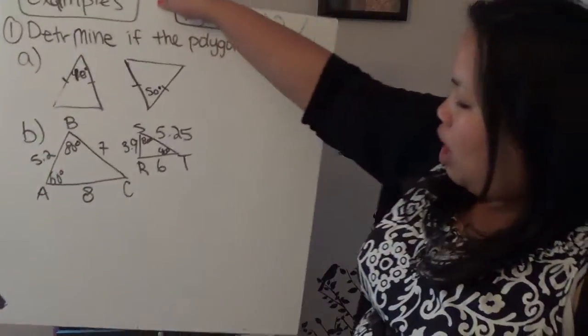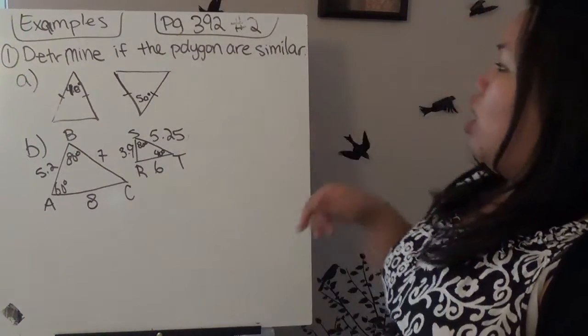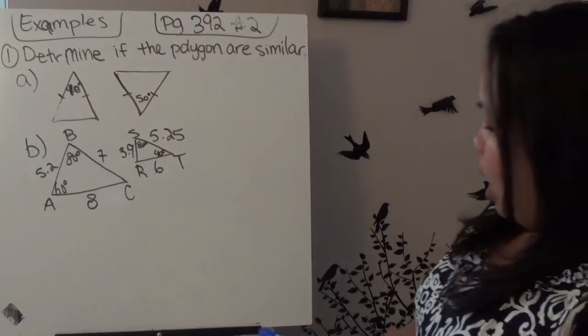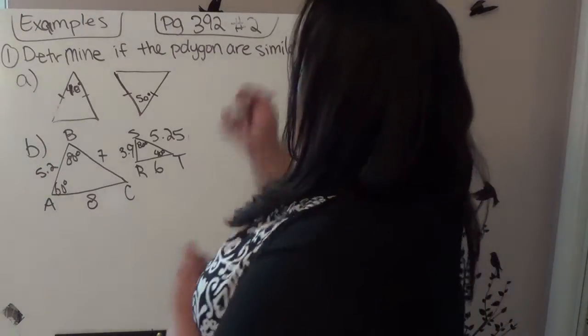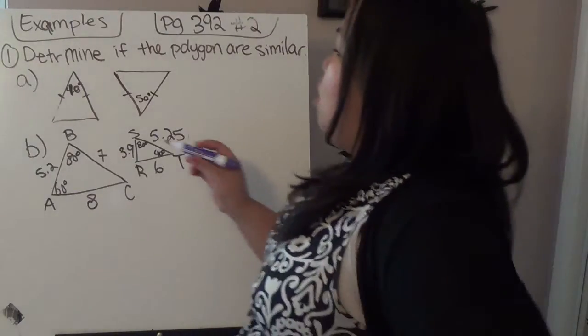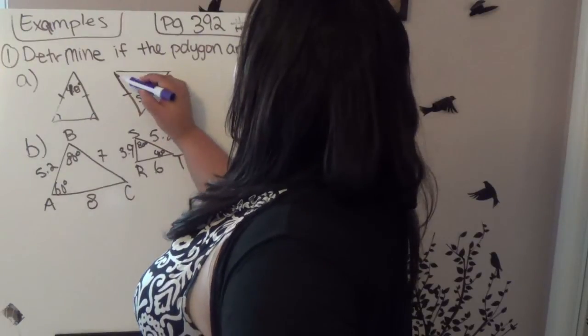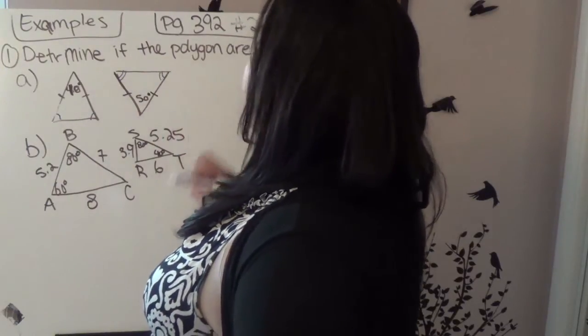So basically here, I'm trying to decide whether these triangles are similar or not. I know that these are each isosceles triangles, and what do we know about the angles of isosceles? Well, I know that this equals this, and this equals this.